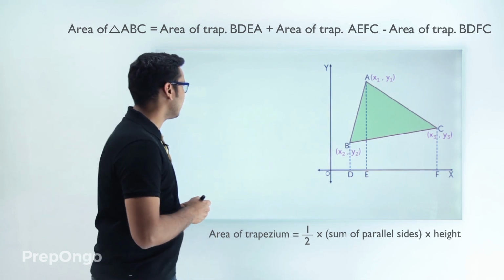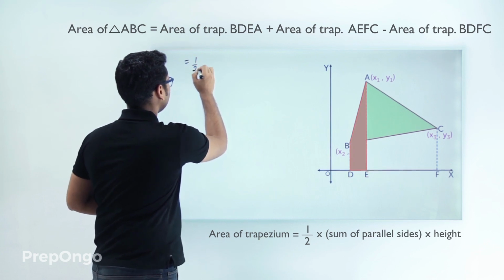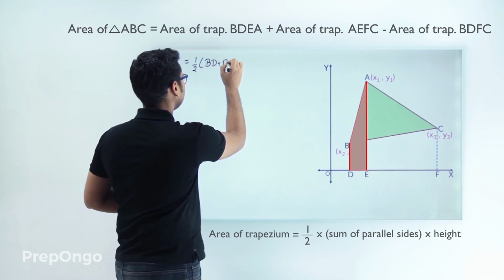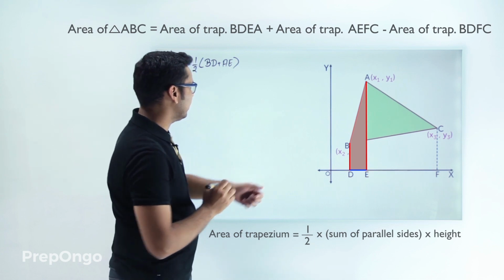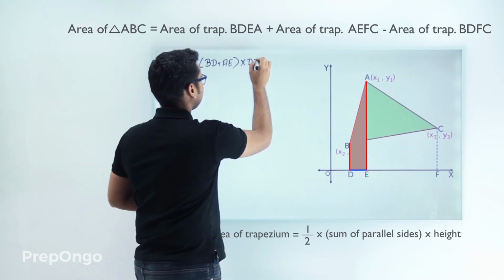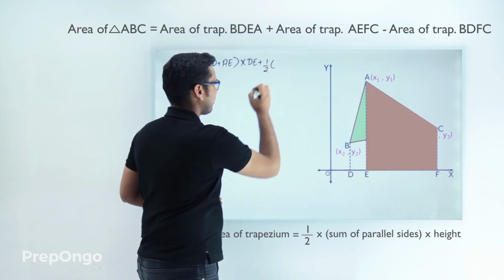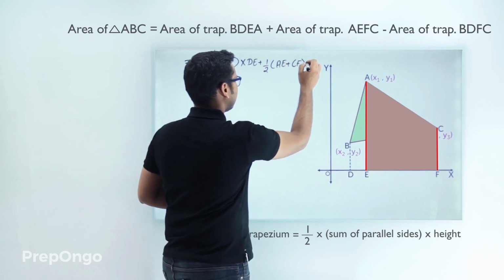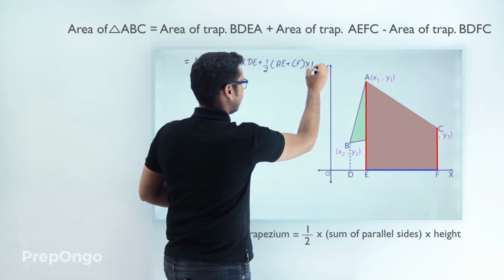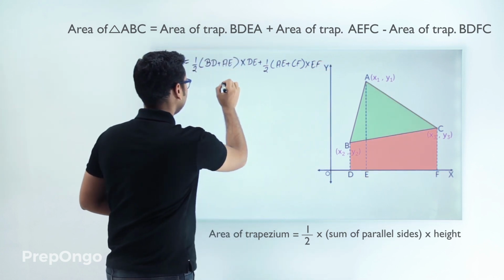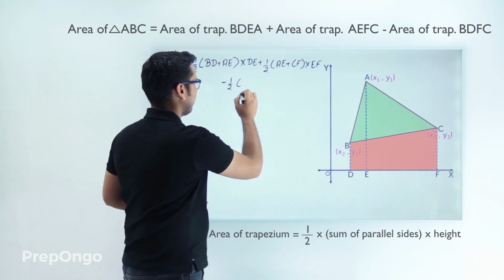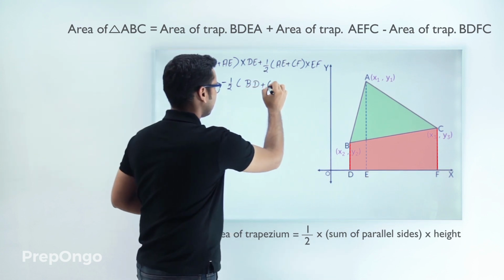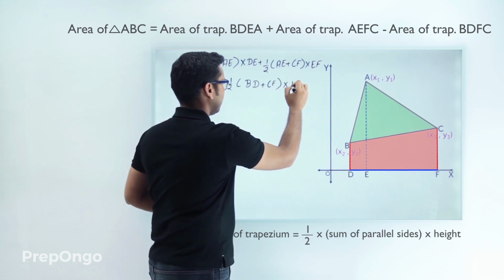So we can write this as half, sum of parallel sides is BD plus AE and its height is DE, plus half the sum of parallel sides AE plus CF into its height EF, and minus half BD plus CF and its height is DF.